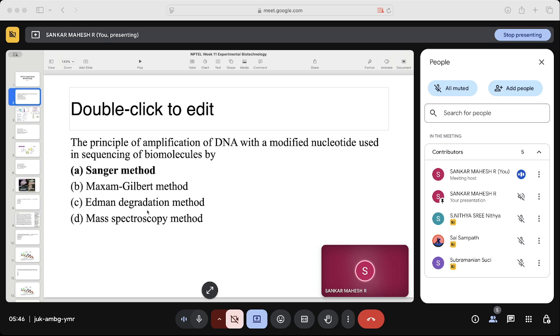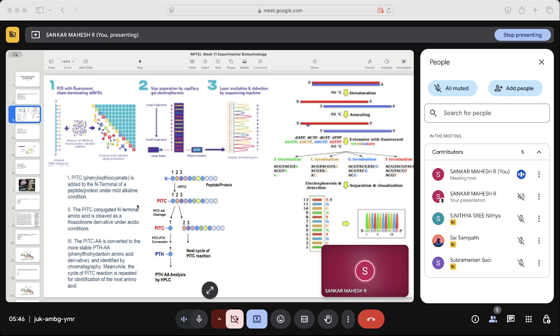Maxam-Gilbert method and Sanger method are the methods used for sequencing of DNA. While one method uses dideoxynucleotide, the other method uses piperidine. We'll come back to these later, but just a brief overview.